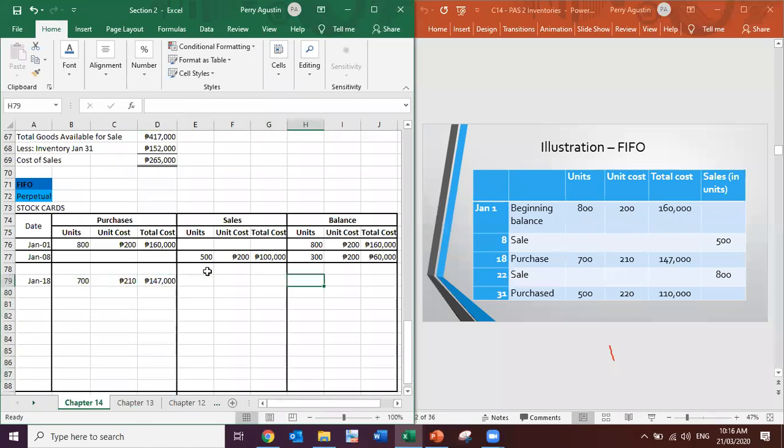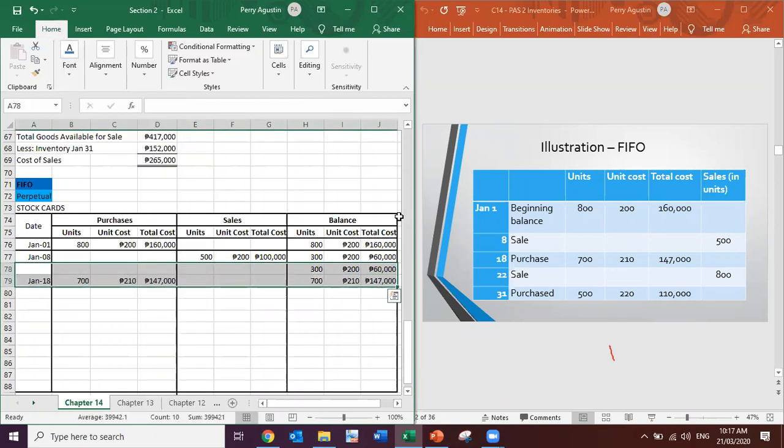So now if I'm going to ask you, how many inventory do we have? So we have 1,000 units. So that is from 300 plus the 700 units that we have here. So guys, do you have any question? You could type in your question in the chat box.